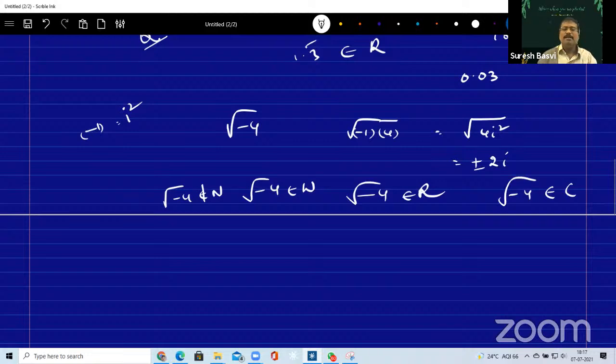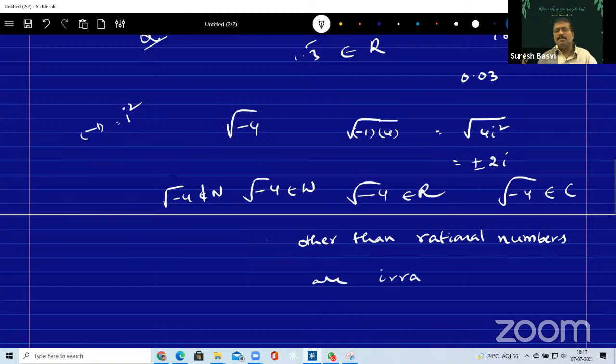So nothing but, other than rational numbers are irrational numbers. Okay, other than rational numbers are irrational numbers.